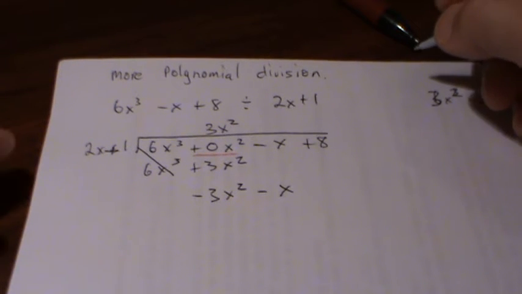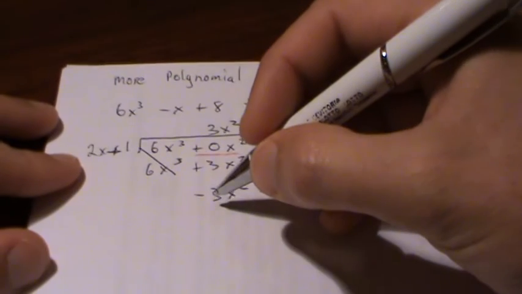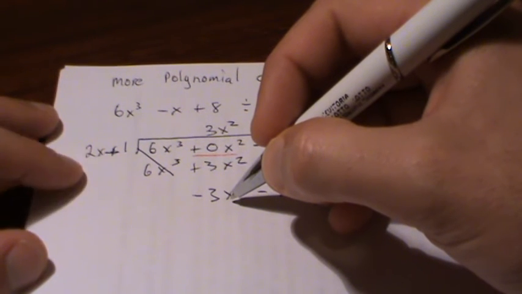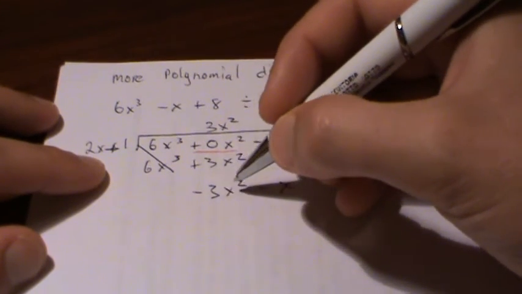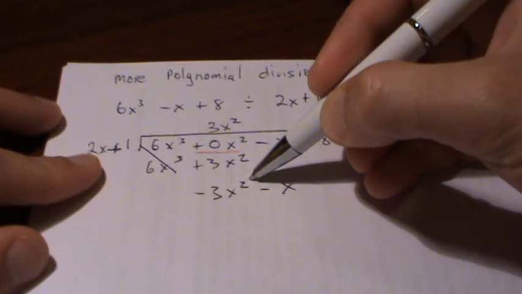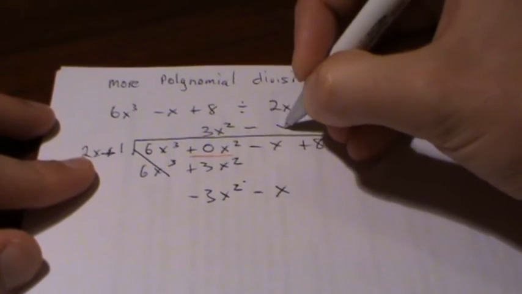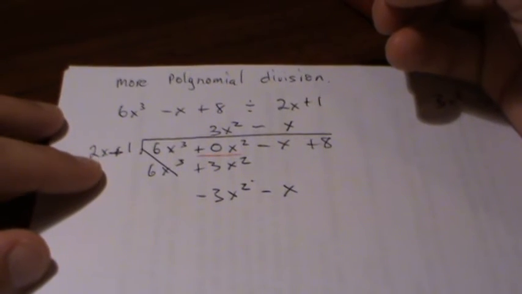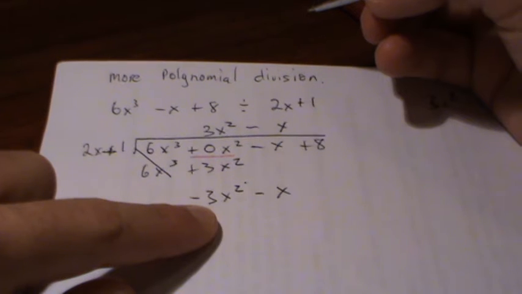Now, in order to get a negative 3x squared here, and I'm starting with a 2x, I'm going to multiply it by a negative x, but what number do I multiply 2 by in order to get 3?